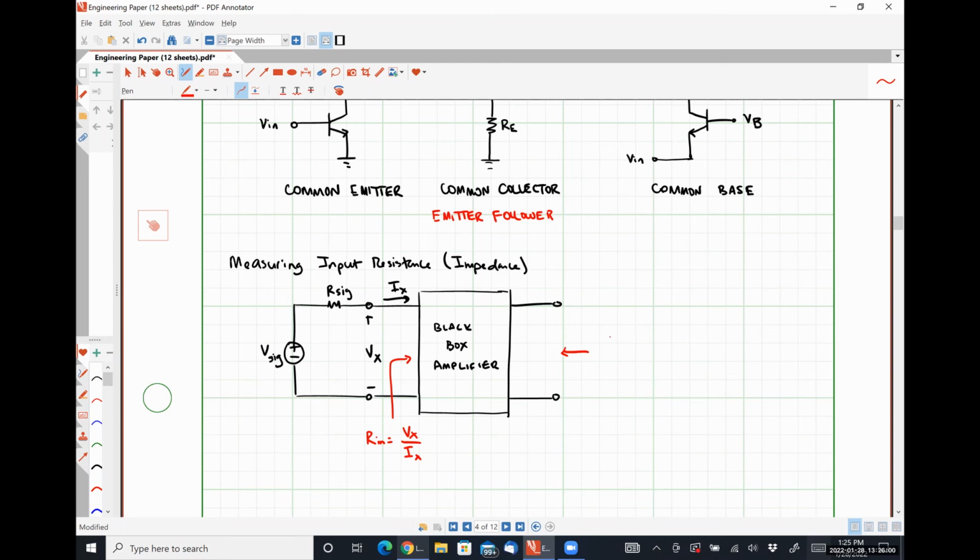Our output or load terminals must be open circuit. This is how we're going to measure our input resistance.